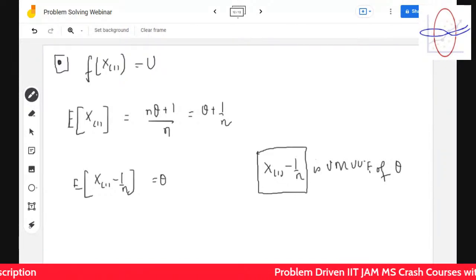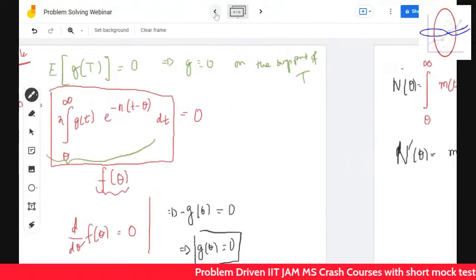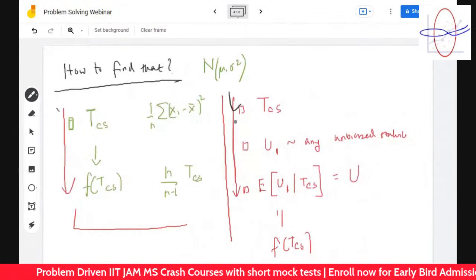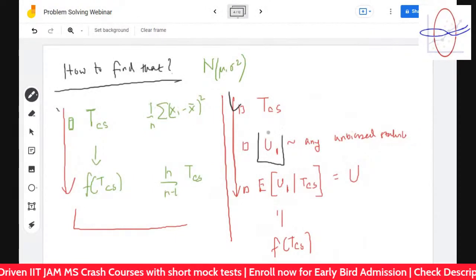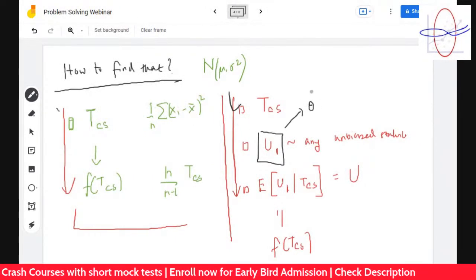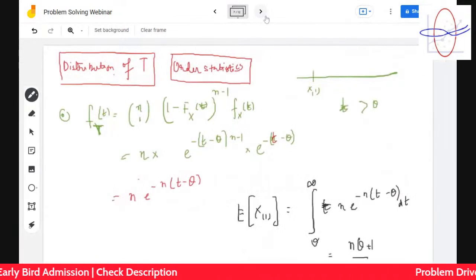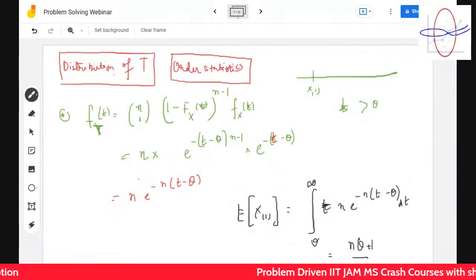You understand the trick. So here in the next step, you have to anyway start with a u1 which is an unbiased estimate of theta square. Otherwise, you cannot go to that step. And here also you have to find a function of theta square. So essentially the same computationally hard work. Okay. So we have to do it.